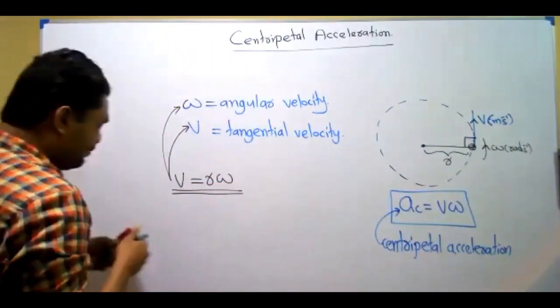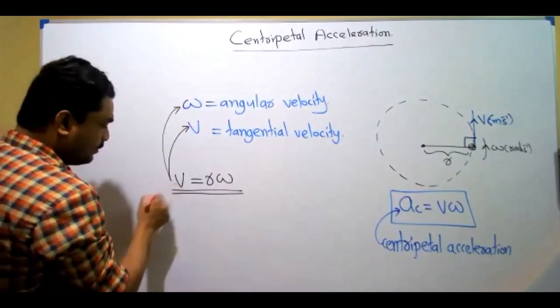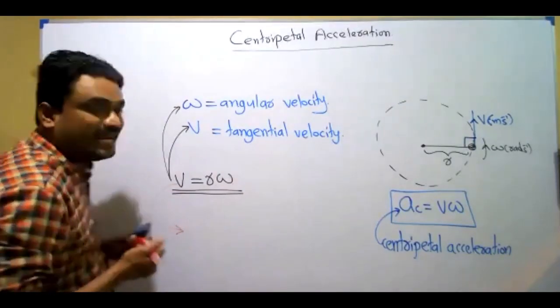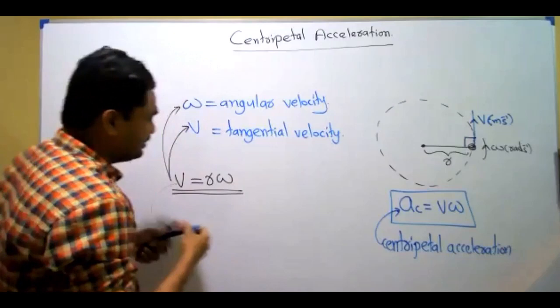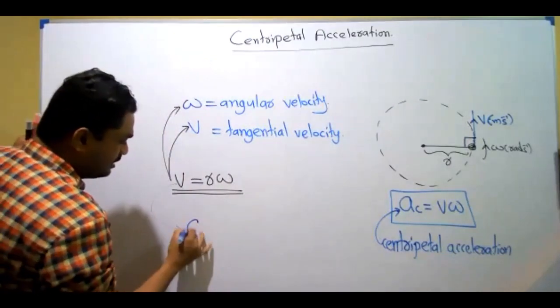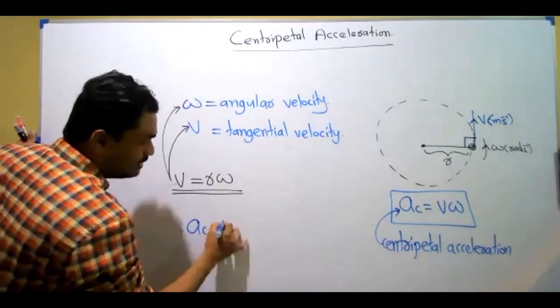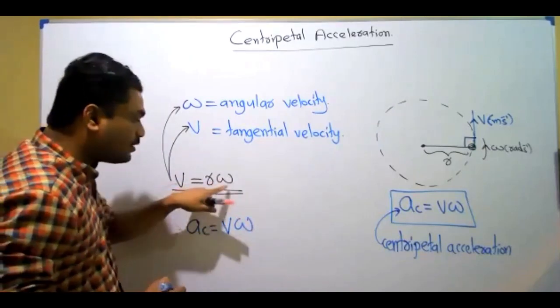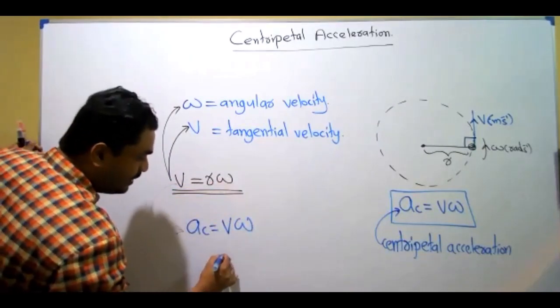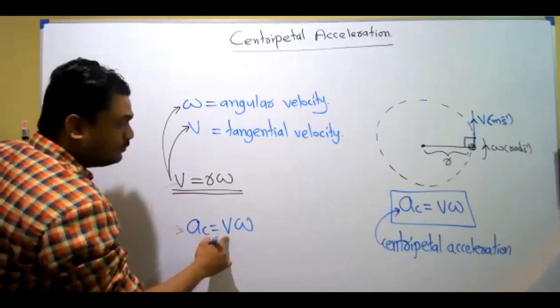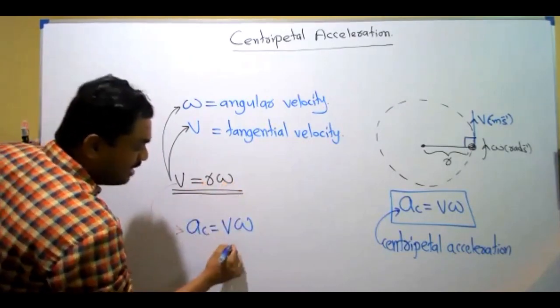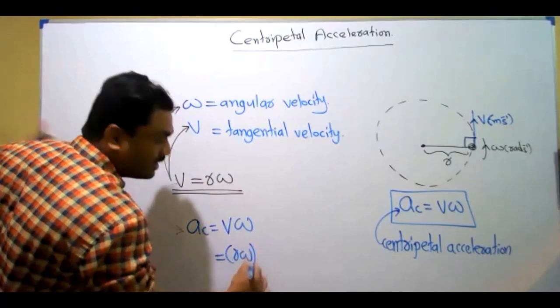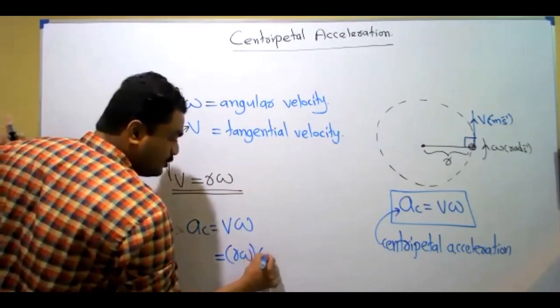Now I am going to use this result in the centripetal acceleration equation. a_c equals v omega, but v is equal to r omega, so in place of v I write r omega into omega.